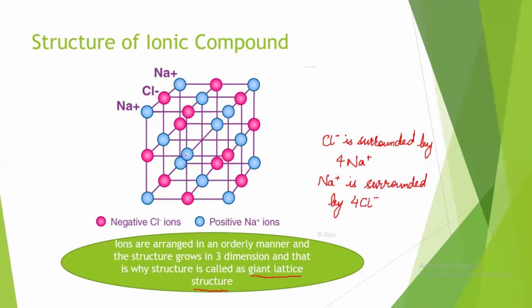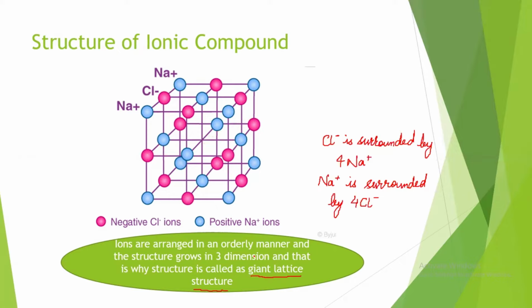You can see here that each sodium ion is surrounded by 1, 2, 3, 4 chloride ions. In the same way, chloride ions are also surrounded by 4 sodium ions. Like this is a sodium ion, 1, 2, 3, and the one here, which is 4. And this structure grows in 3 dimensions.